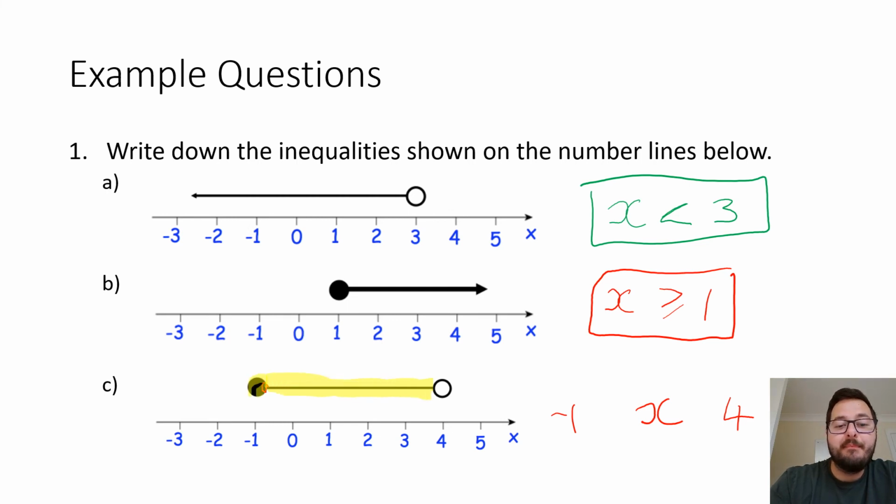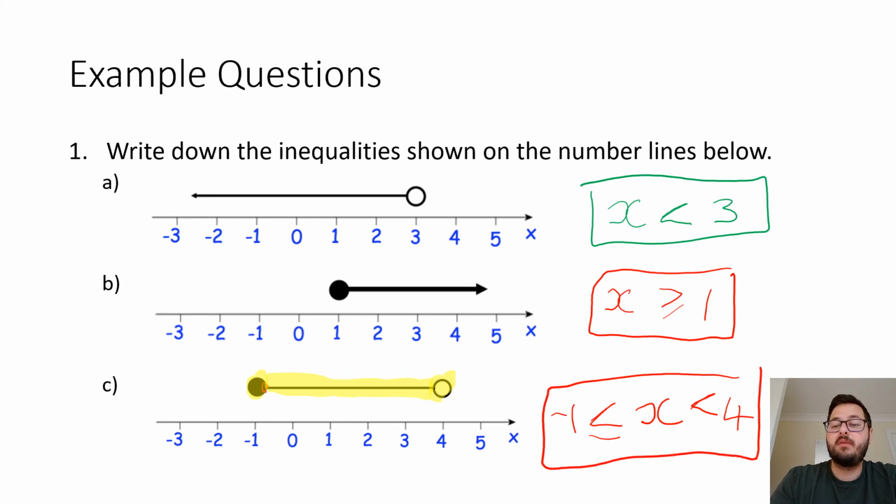So that means it's more than this number, and it's less than this number. So it's more than -1, but that's the same as saying -1 is less than x, and it's shaded in because it can be equal, and x is less than 4, and it's not shaded in, so we leave it as less than. Okay, and that's that one.